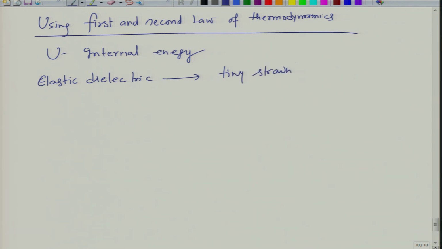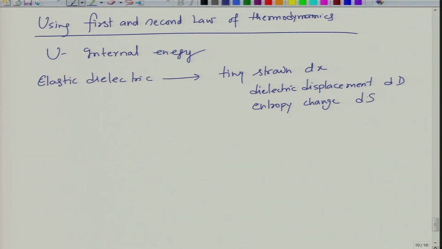So, it experiences a tiny strain, let us say dx, it experiences a dielectric displacement dd, okay, and it also has a change in entropy, which is ds.